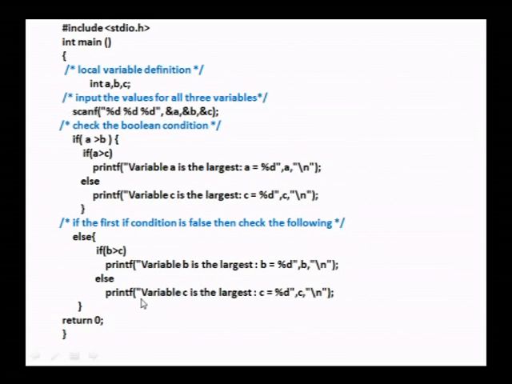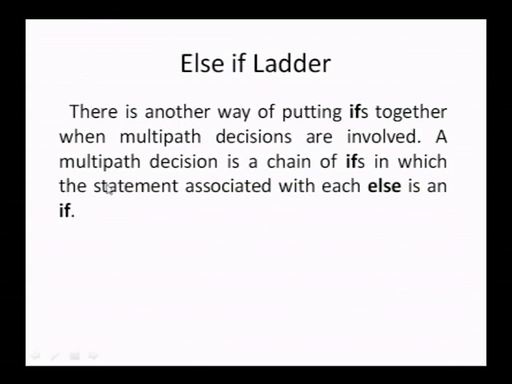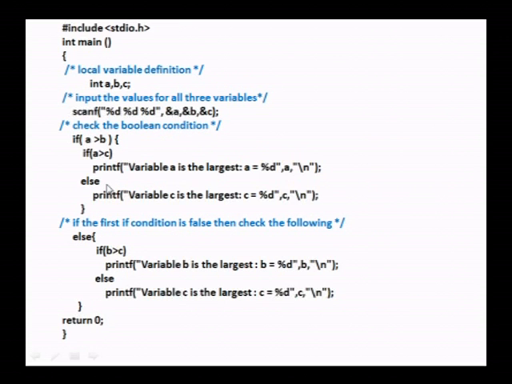So this is a classic example of the nested if structure, where we have used an if within an if, and else for the inner ifs as well as the outer if. Often we get confused about where we need to use the brace and where not. If the braces are not used properly, you would end up with an error saying you get a misplaced else.